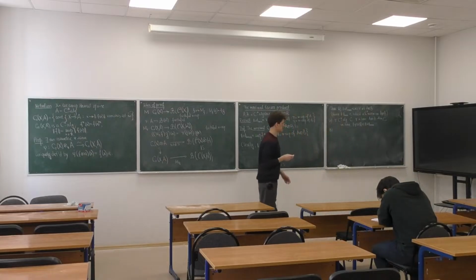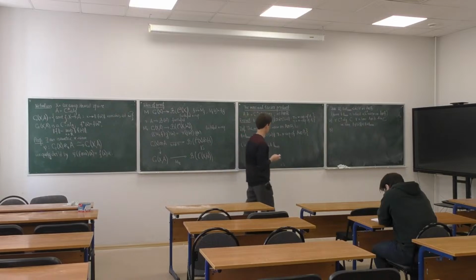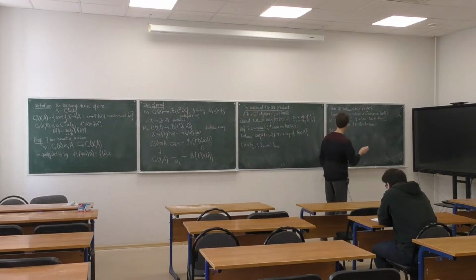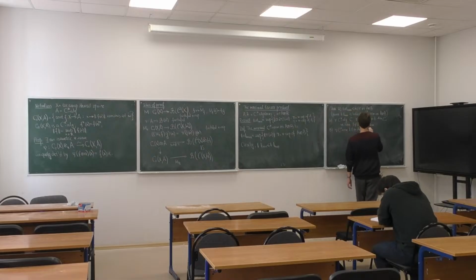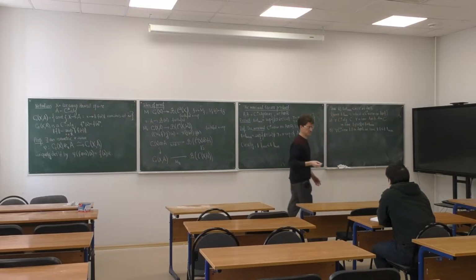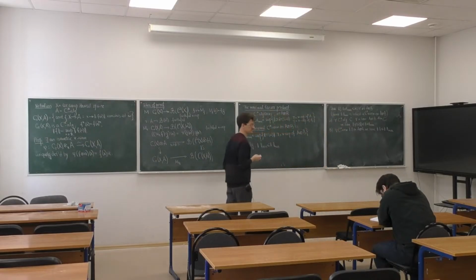Property 3 is that the maximal C-star norm is actually the maximal one. So for every C-star norm on the tensor product, we have the following inequality. This norm is less than or equal to the maximal C-star norm, which explains why it is called maximal.